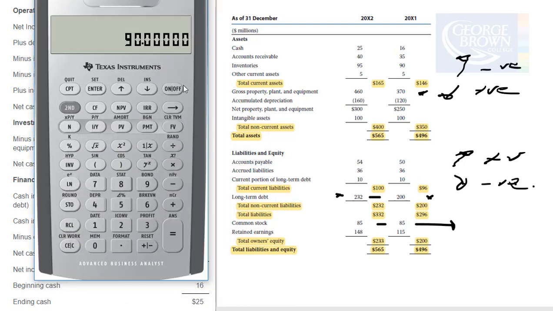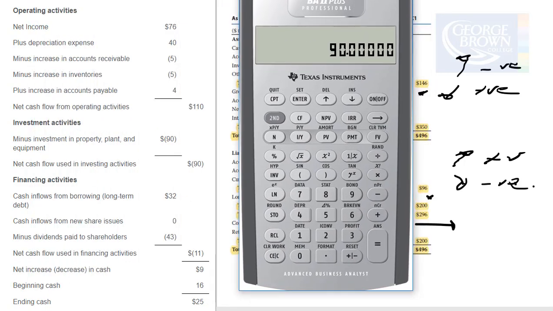Let's just bring up the calculator here and move it over to the right-hand side a little bit. So you can see, just starting from the top, 76 million plus the 40 million minus the 5 million minus the 5 million plus the 4 million. You can see our net cash from operating activities, 110. The negative 90 was easy, minus 90.